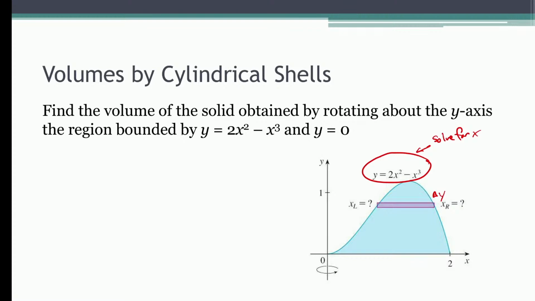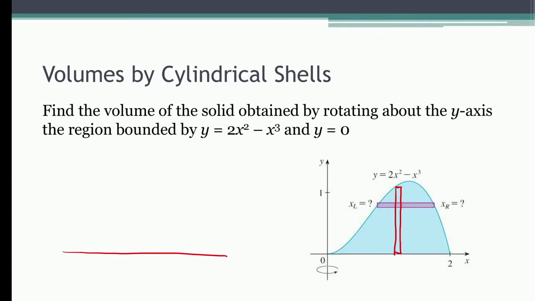So doing this with washers is very difficult. But if we chop it up differently, using a vertical rectangle like this, then we're going to get a much better picture, I think. Here, let me just sketch to restart this.